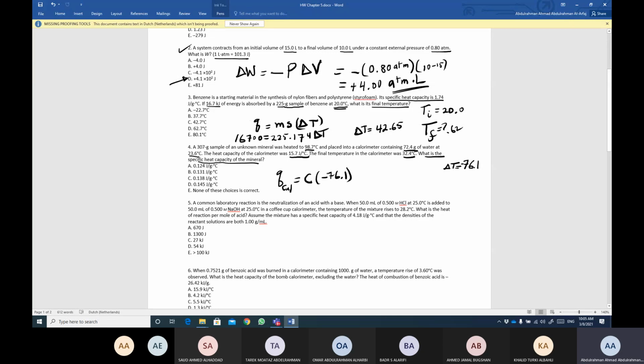Doctor, could you wait a minute? Look at the second line. The water was 23.6 Celsius. And then it turned to 32.4. Isn't that delta T for the calorimeter? Oh, sorry. Yes, I'm very sorry. Yes, of course.